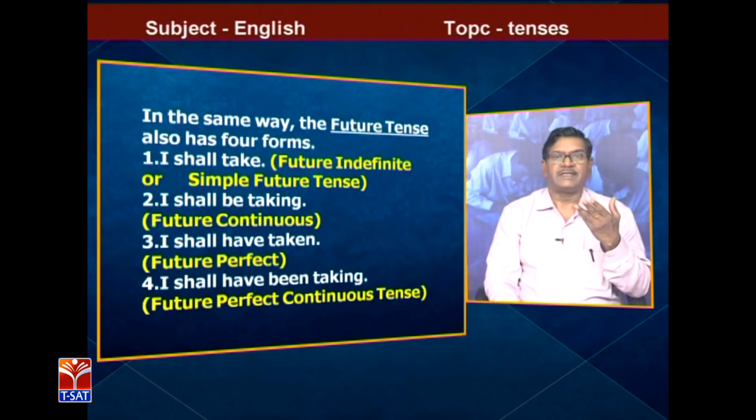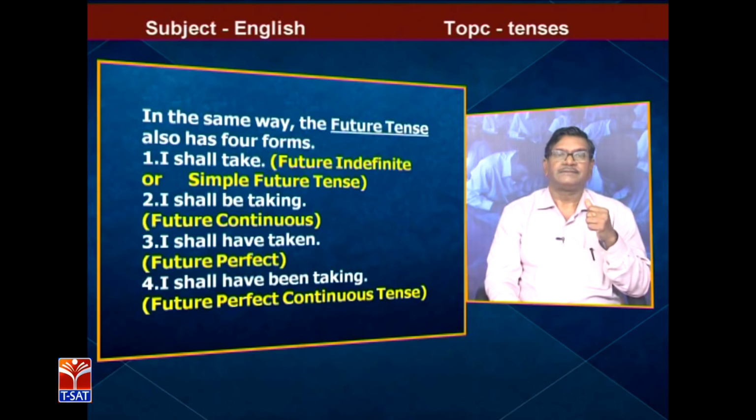I shall have taken. So, this is perfect tense. For the perfect tense, we have to use not only shall, we have to use have also as the helping verb. And for future perfect continuous, shall have been taking.